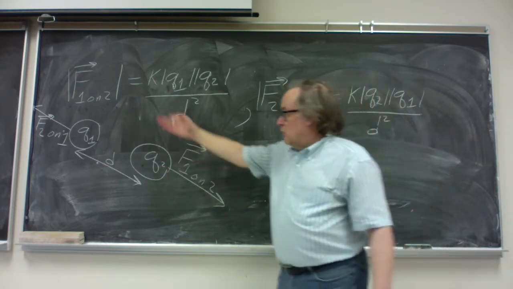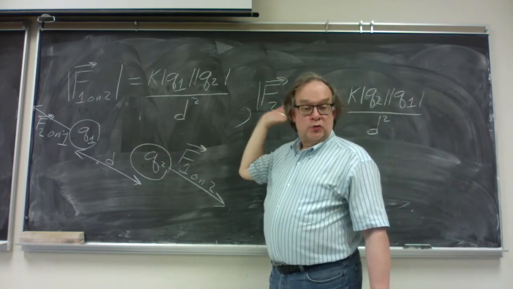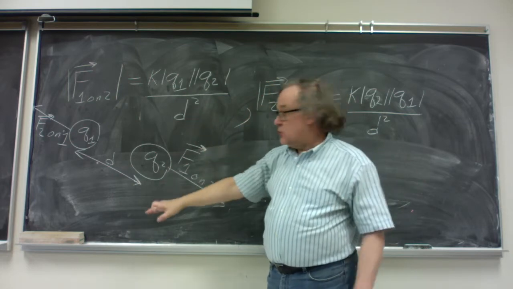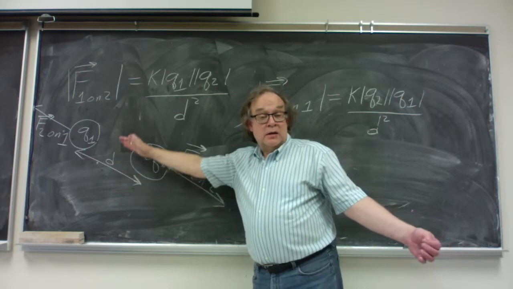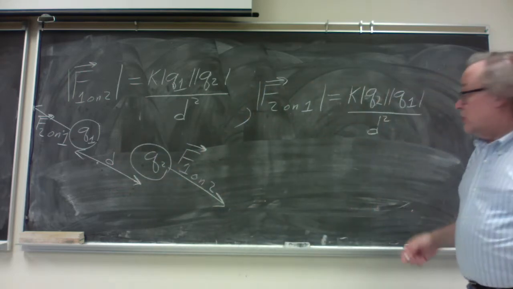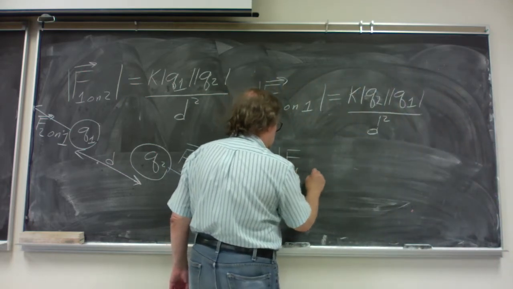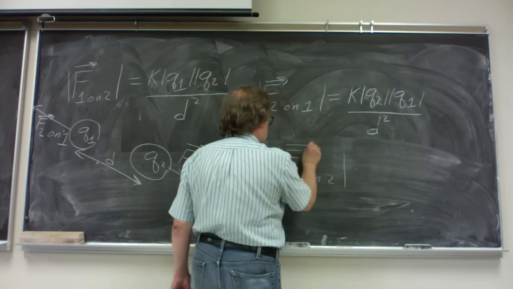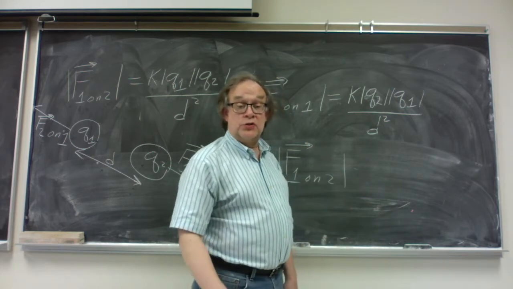And we're measuring these two forces at the same point in time, so it's certainly the same distance in both cases. So what do we have? We have the magnitude of the force from 1 on 2 is just equal to the magnitude of the force from 2 on 1.